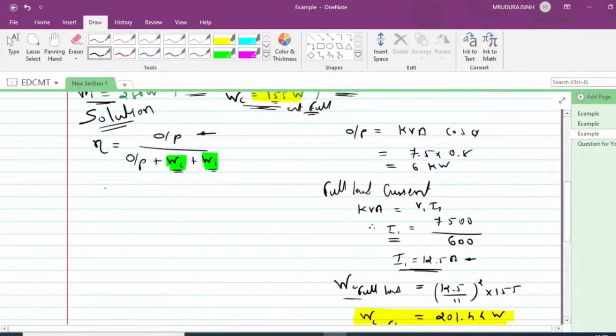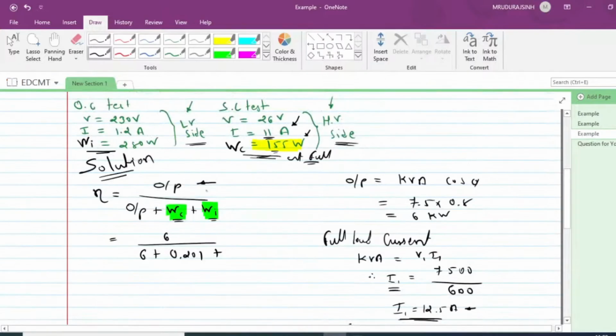Now place the values. The output is 6 kilowatt divided by 6 plus copper loss, which is in watt, so if we convert to kilowatt, it's 0.201, plus iron loss is 280 watt, which in kilowatt is 0.28.